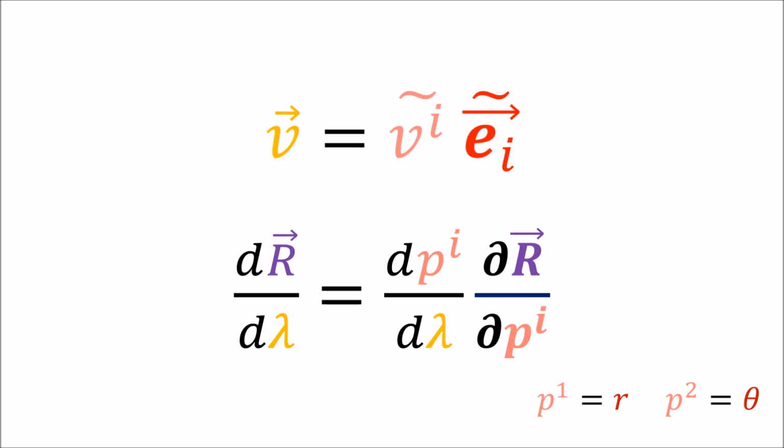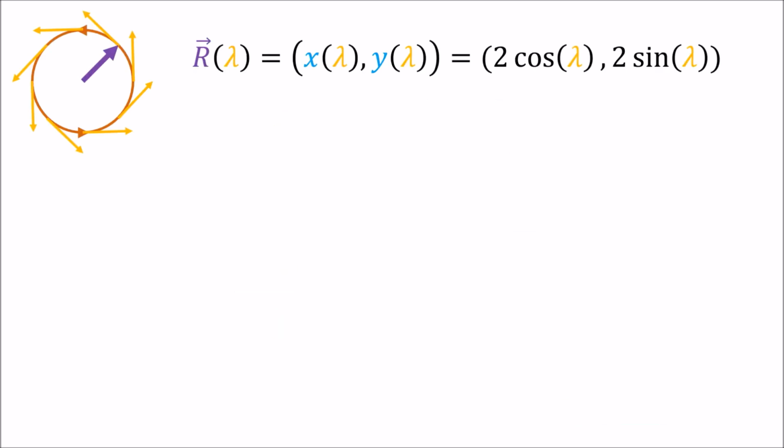And again, we can write this even more compactly using the Einstein notation, where p1 and p2 are the polar coordinate variables. So to make this more concrete, let's go back to our circle example. We already have the circle curve parameterized in Cartesian coordinates, but we'll need to convert it over to polar coordinates in order to take derivatives.